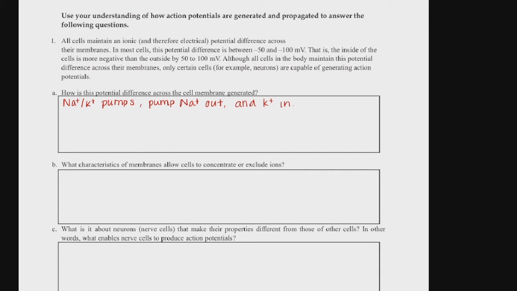Remember, I know this is counterintuitive about the K plus in, but remember those leak channels are just about down the concentration gradient. Sodium-potassium pumps are different, so they can pump against concentration gradients.